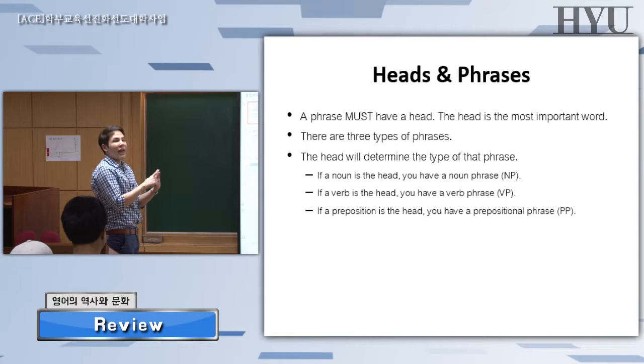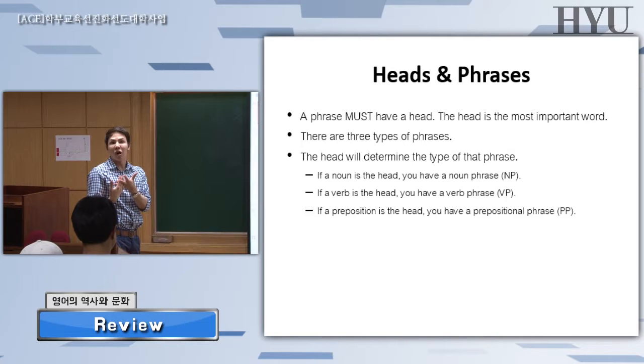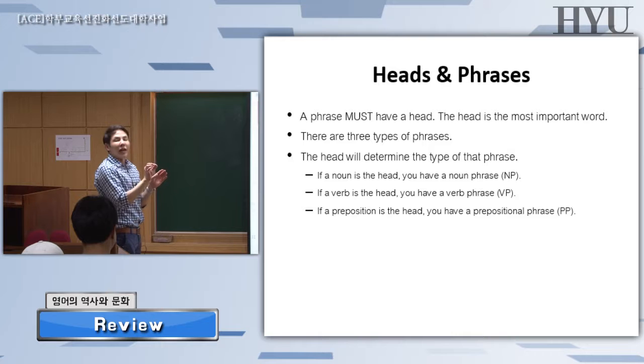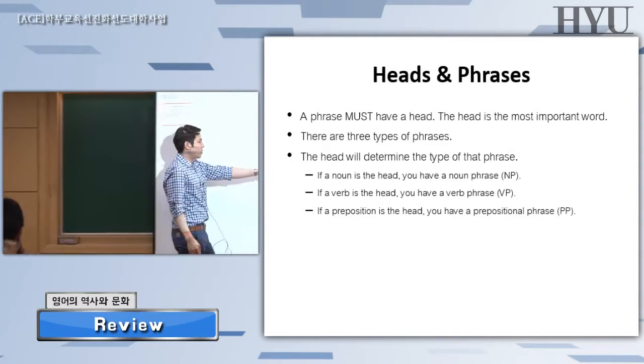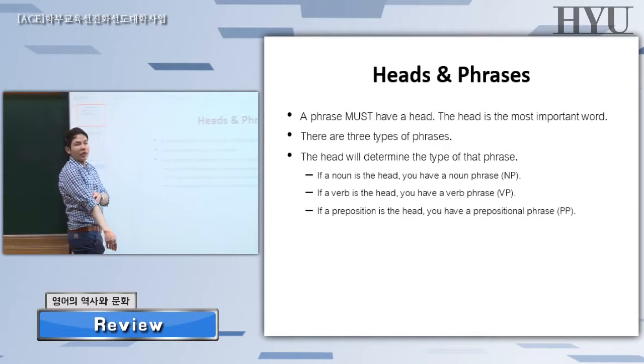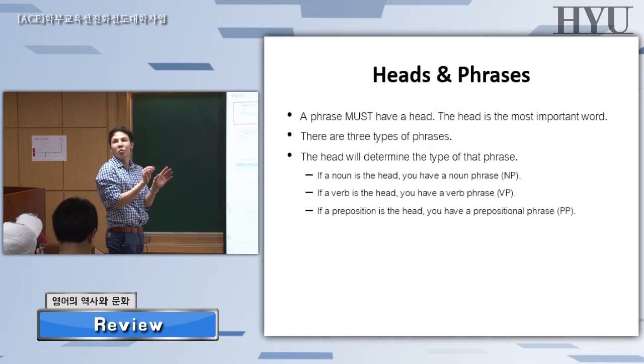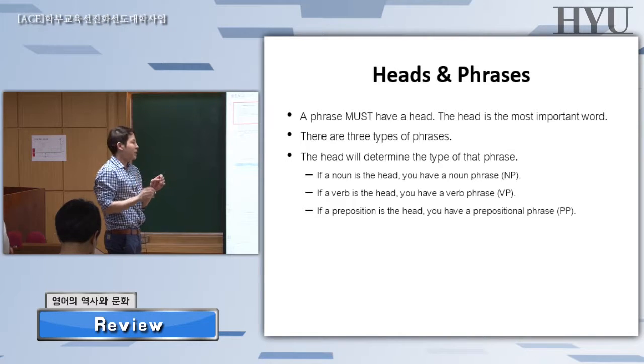If the head is a noun, you know how to identify nouns, verbs, adjectives, adverbs, and so on. So if the phrase has a noun as a head, as the most important word, we call it a noun phrase, and I use the abbreviation NP. If the phrase has a verb as the head, we call it a verb phrase.